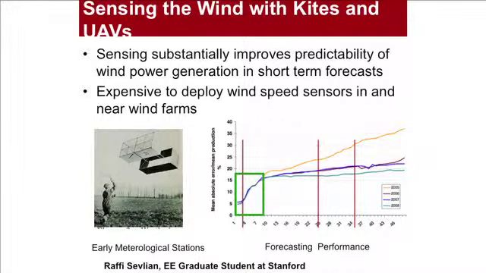The next sensor we're developing, this is work being done by Rafi Savlian, my student who's here today. A big challenge with renewables is that they are unpredictable. Now, to be able to predict better, you can do 2 things. One, you say, well, let me take whatever is measured today and develop a super duper statistical algorithm to do forecasting.